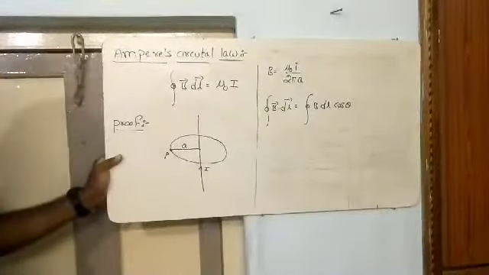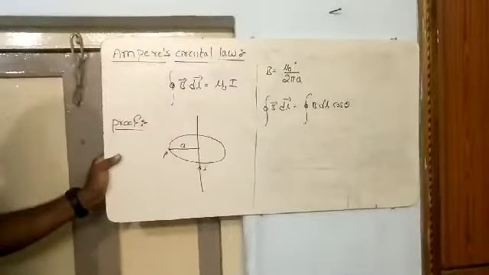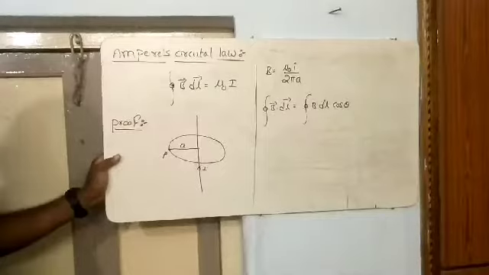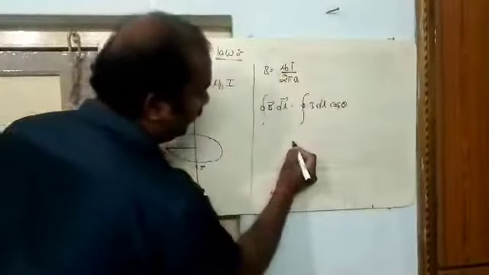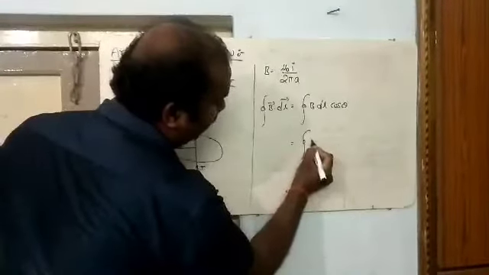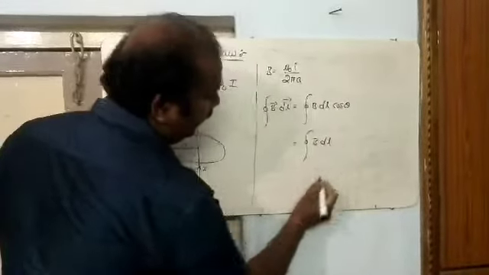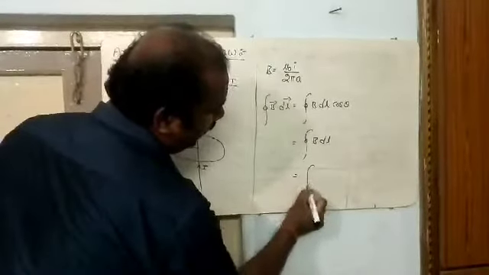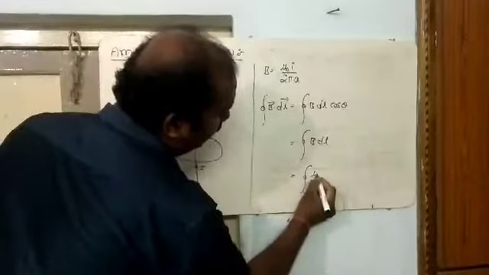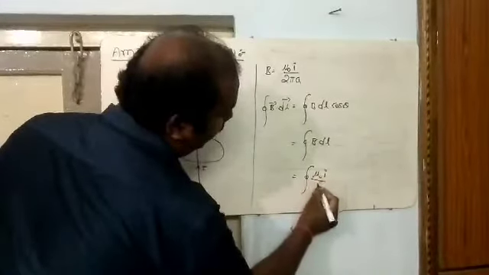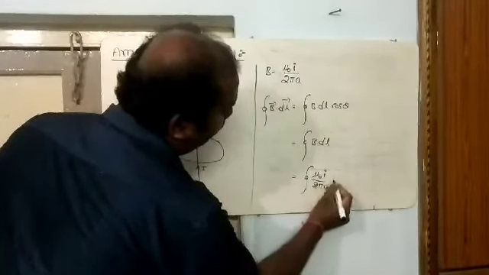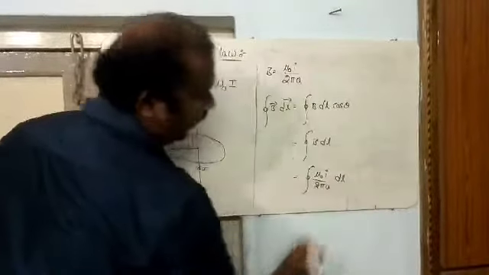Suppose theta is equal to 0, then cos 0 is equal to 1. So that is the reason you get integral B into dl. What is the value of B? The value of B is mu naught I by 2 pi a.